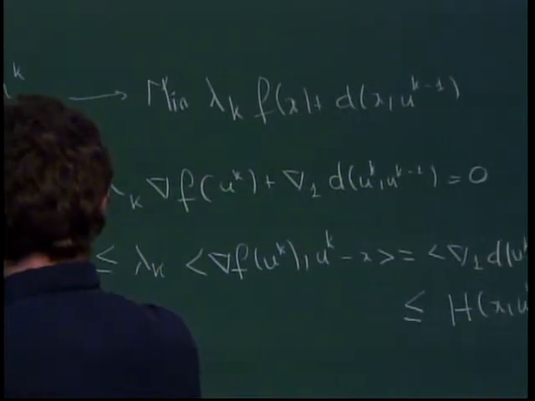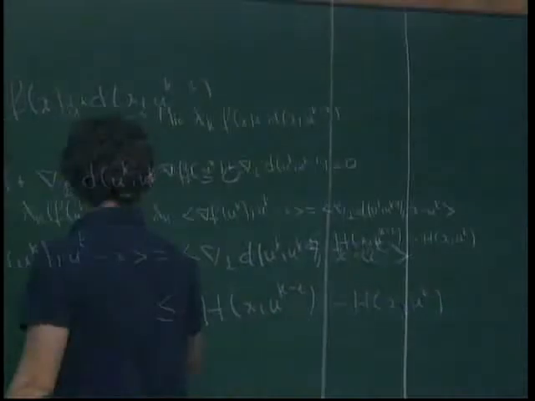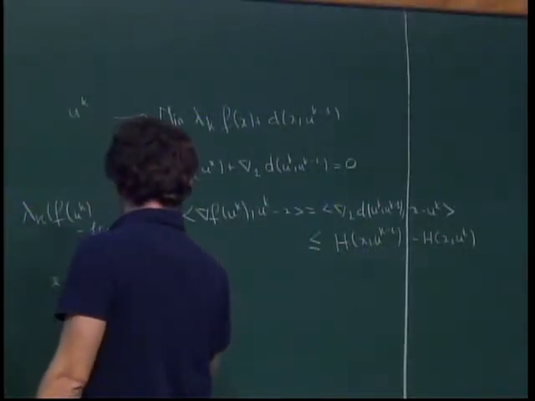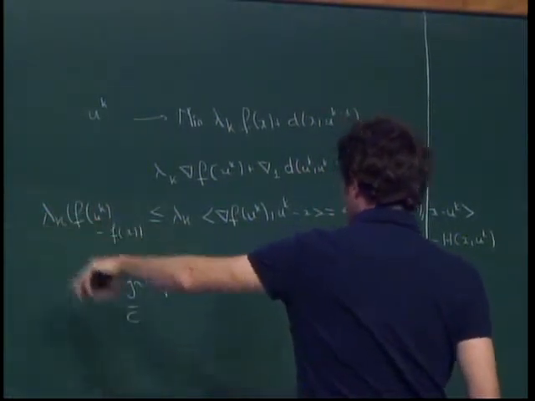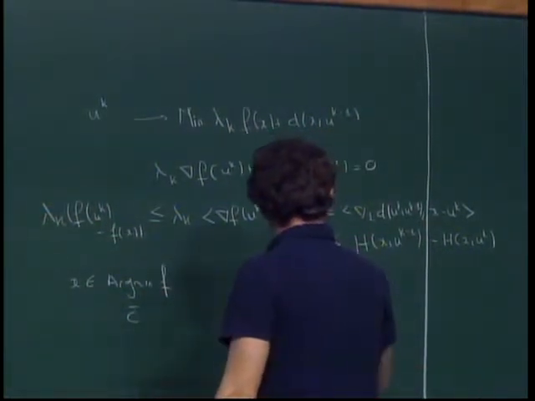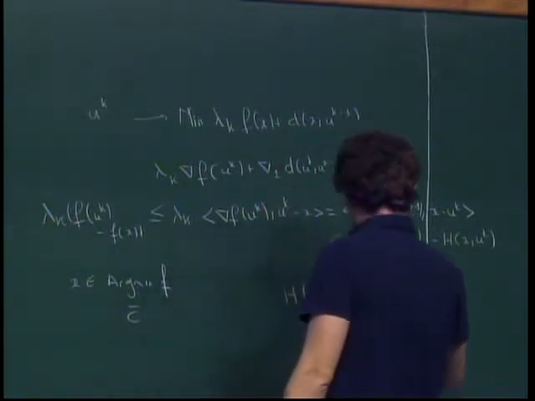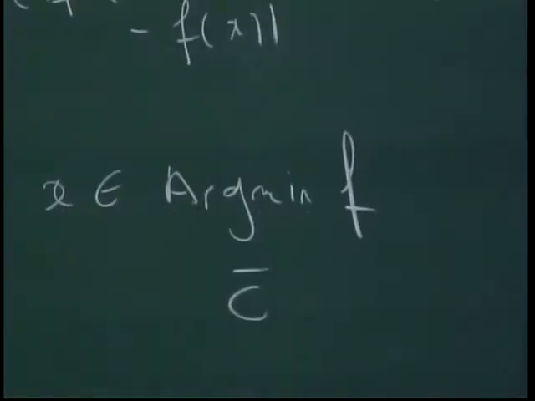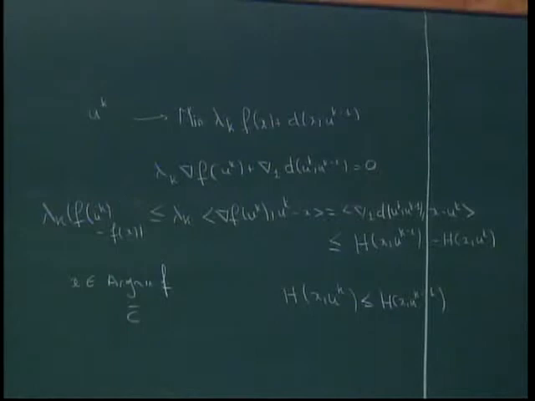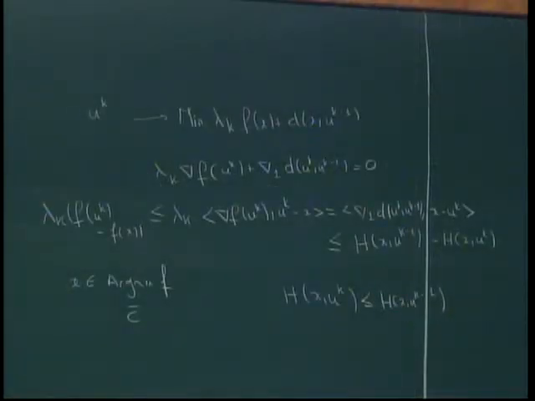That means if x belongs to the argmin of f on C bar, we obtain that the quantity here is non-negative, thus h of x and u_k is less than h of x and u_{k-1}. But we can find another point x that gives information about the decrease, about the convergence of the algorithm.